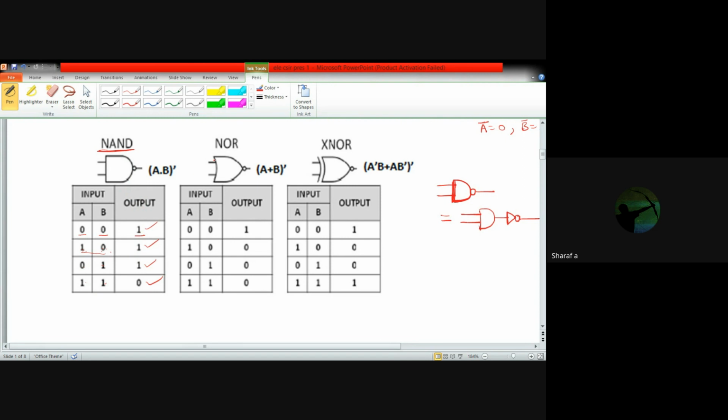In the same way, when you consider the NOR gate, it is the same scenario. You have an OR gate. This is your OR gate with a bubble. Okay, this is equivalent to an OR gate followed by a NOT gate.